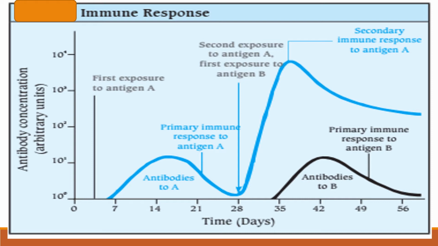It is, as is indicated, as it is shown, higher and rapid. So it is rapid just when the antigen is introduced. It gives antibodies higher than the first response.